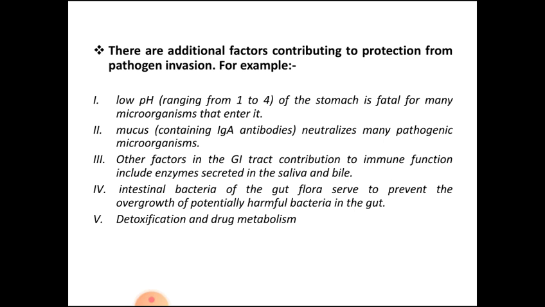Additional factors contribute to protection from pathogenic invasion, for example low pH, mucus, and other factors. Intestinal bacteria, meaning the normal flora, serve to prevent the overgrowth of potentially harmful bacteria in the gut. Also detoxification and drug metabolism.